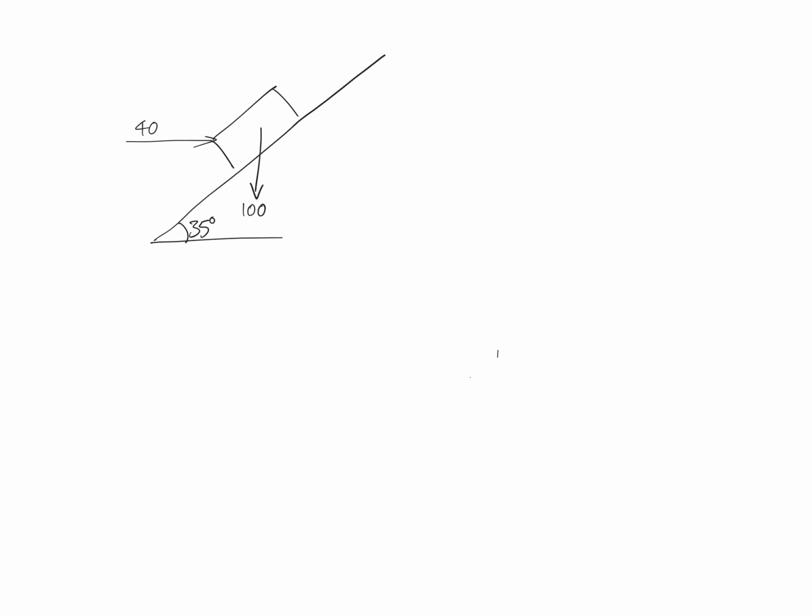Well, it must be on the point of sliding. So there must be something to counteract this force here. So it must be on the point of sliding up. Therefore the friction can be down, otherwise there's nothing opposing the 40 newtons and it would go up.